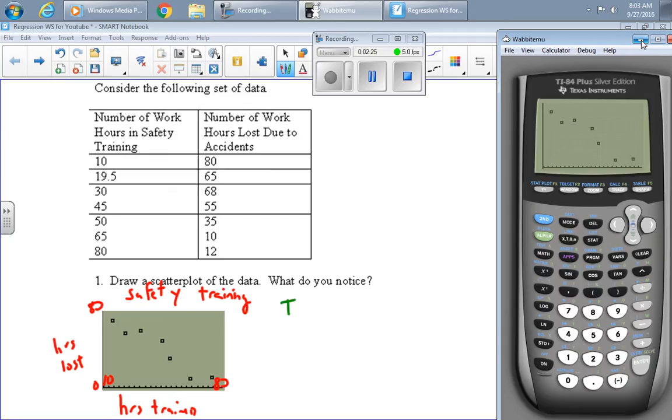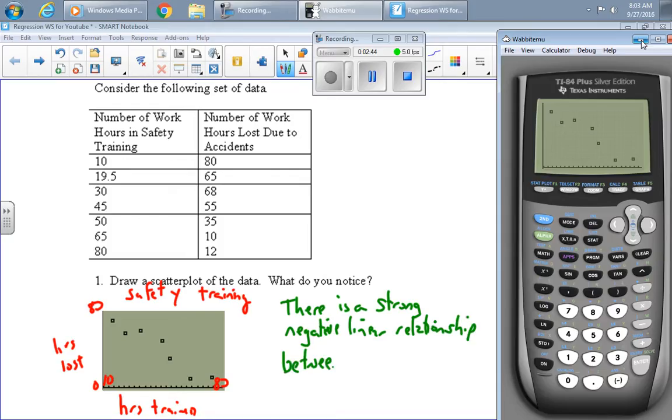So I'm going to say there is a strong negative linear relationship, and then put it in context between hours trained and hours lost.